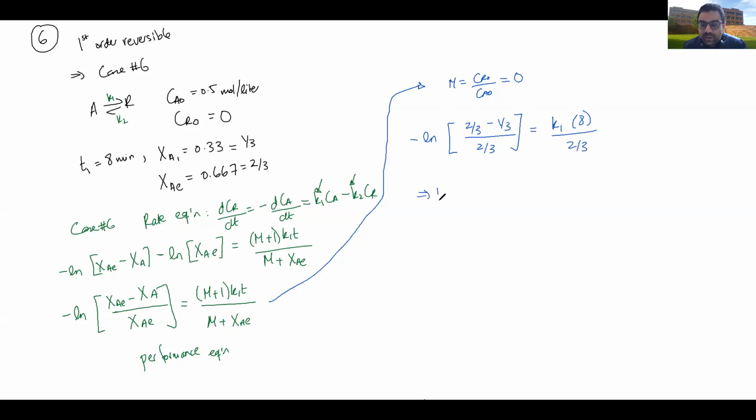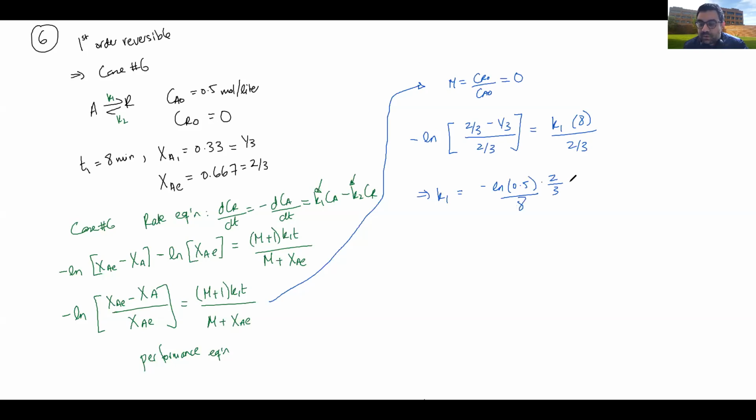And from here, I can get K1. What's this? 2 over 3 minus 1 over 3 is 1 over 3. So this is minus ln of 0.5, multiplied by 2 over 3, divided by 8.